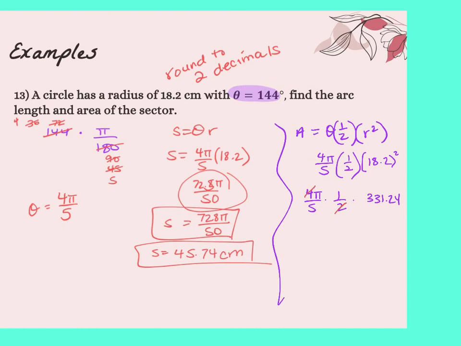I can go 2 into 4, and then I have to multiply these two out. 331.24 times 2, 662.48 pi over 5. If this was on the quiz, I'd keep it exact, so I'd move my decimal 2 places, okay? But with a calculator on the homework, it's going to say round it, so I'm going to do 662.48 pi divided by 5. 416.25, and this would be centimeters squared.